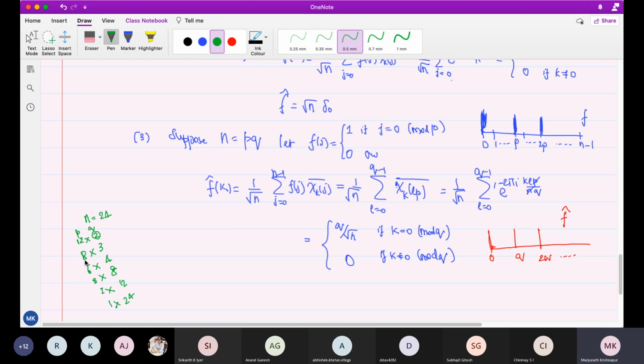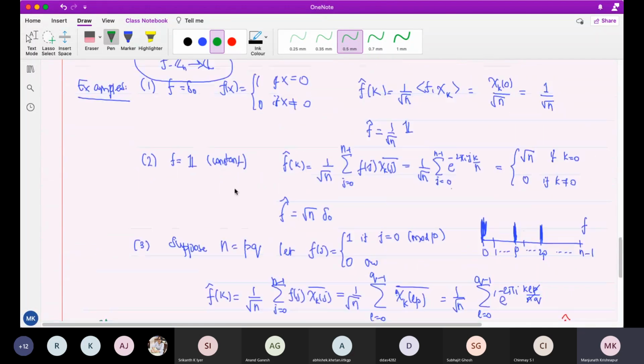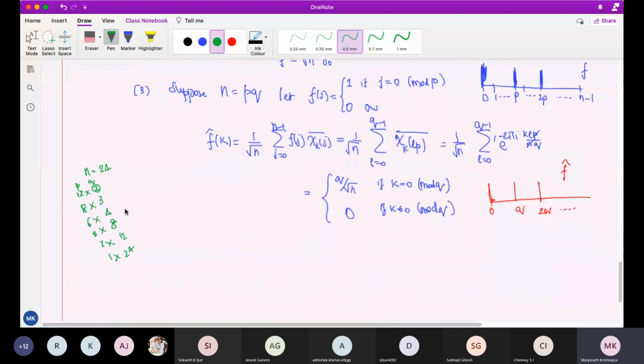So if F hat is supported on a small set, like F hat is 0 everywhere except 1 point, then F will be a constant. So that's what happens here. This is actually a theme that will come again and again called the uncertainty principle.